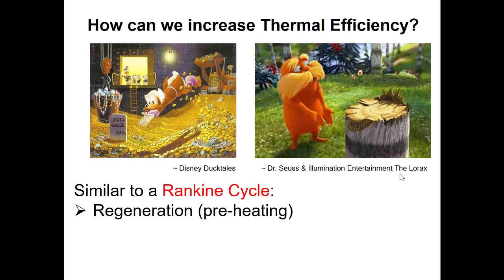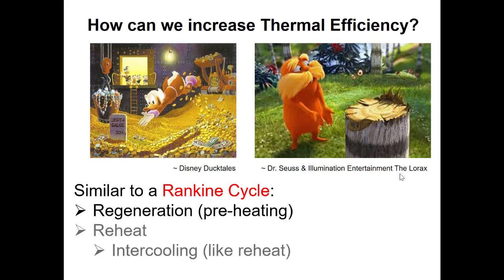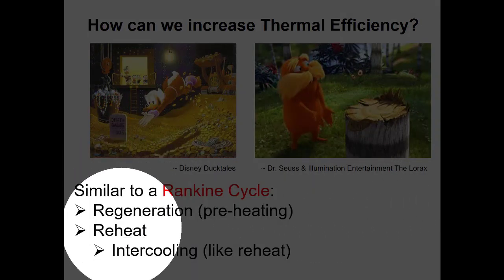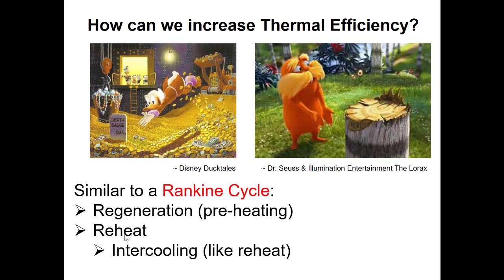Here we can use exhaust gas to preheat our intake air before it goes into the combustor. We can use reheat, right? Just like we did in the Rankine cycle, between that high pressure and low pressure turbine, we can heat the mass back up and go through the low pressure turbine with more enthalpy at the inlet.